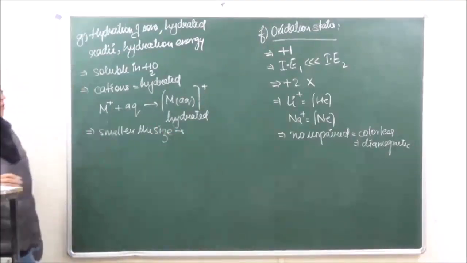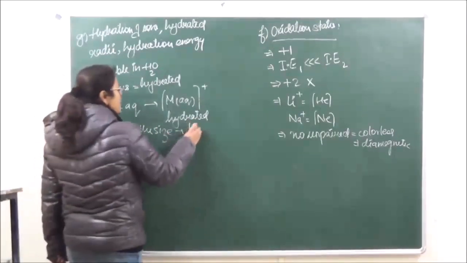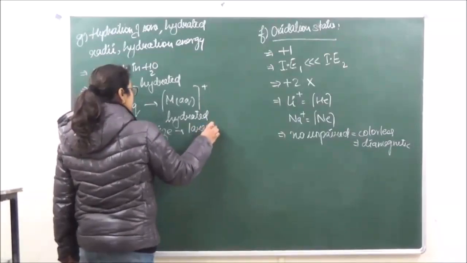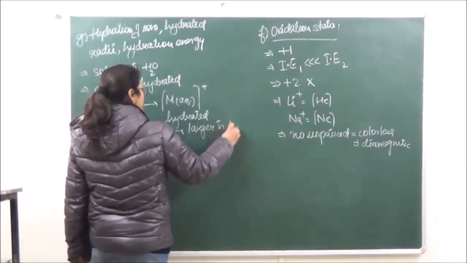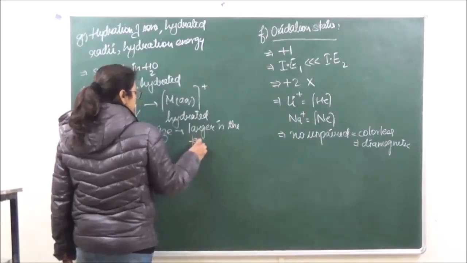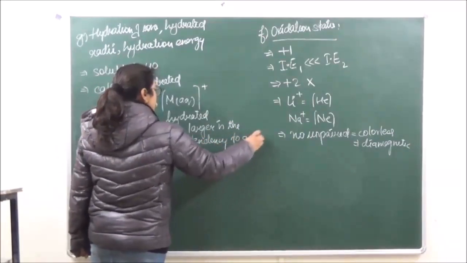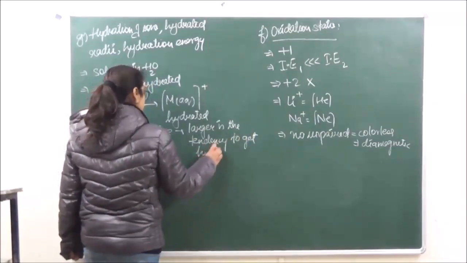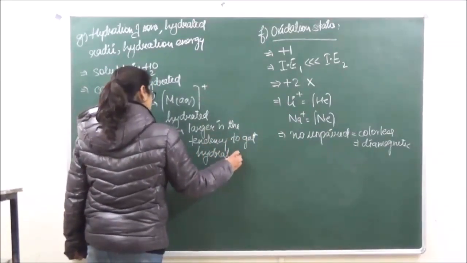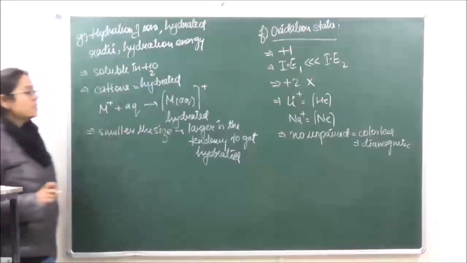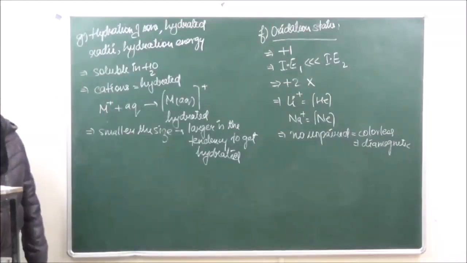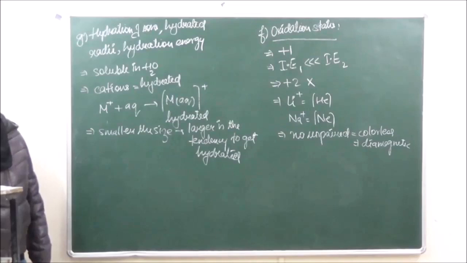smaller the size of the cation, larger is its tendency to get hydrated. So degree of hydration should decrease from lithium to cesium, isn't it?